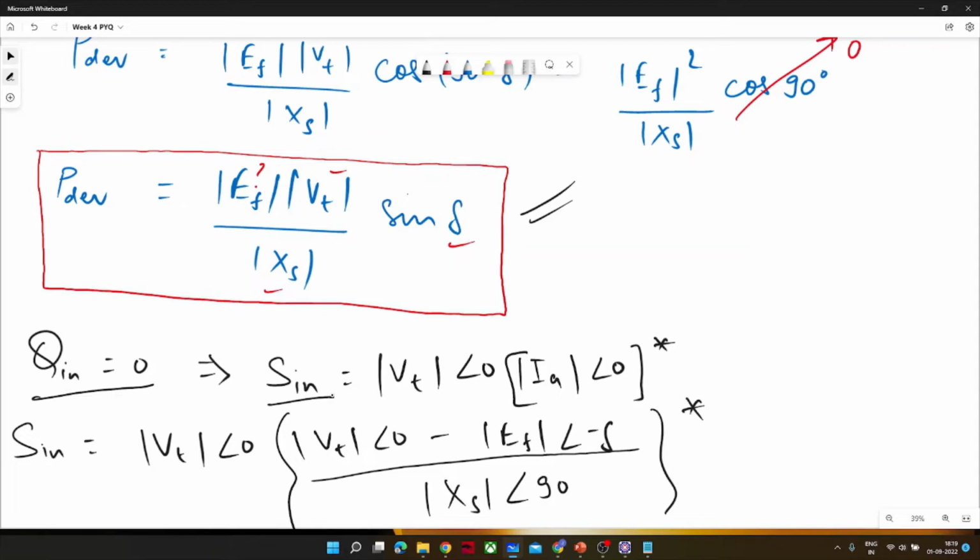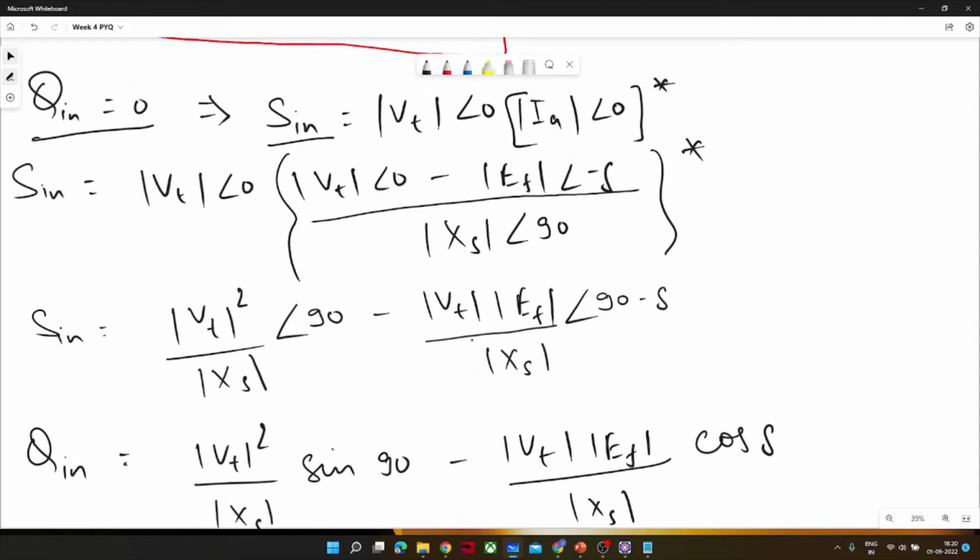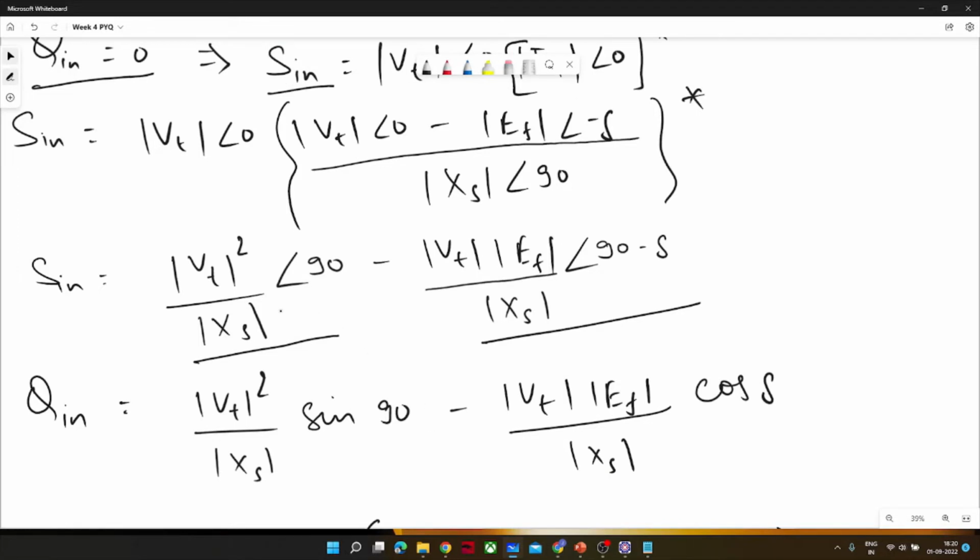And if we want to calculate input reactive power, I again went to the conventional expression, that is Vt angle 0 times Ia angle 0 conjugate, Vt Ia conjugate. So I equated that in complex form, and again broke it into two components. This time I need reactive power, so I will take the sine component. So I multiplied with sine 90 minus sine (90 minus delta). So this would be the expression of input reactive power to the motor.